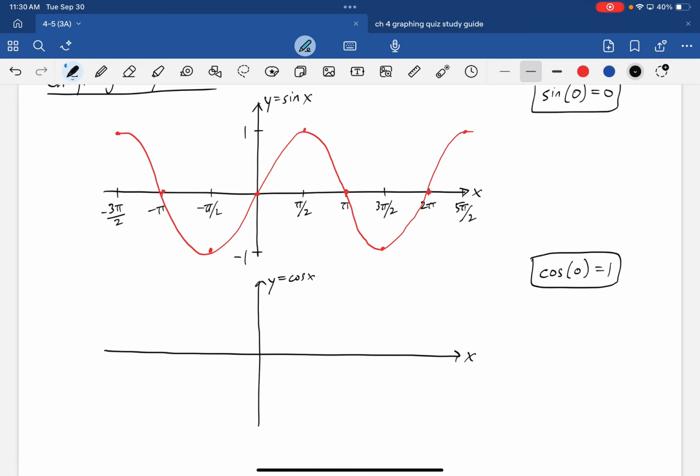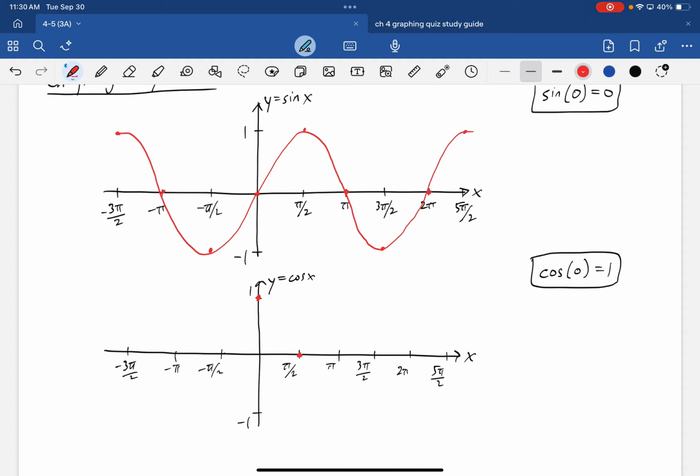Once again, I'm going to plot some points. 1, -1, pi over 2, pi, 3 pi over 2, 2 pi, 5 pi over 2, -pi over 2, -pi, -3 pi over 2. And then cosine 0 is 1, so that's here.